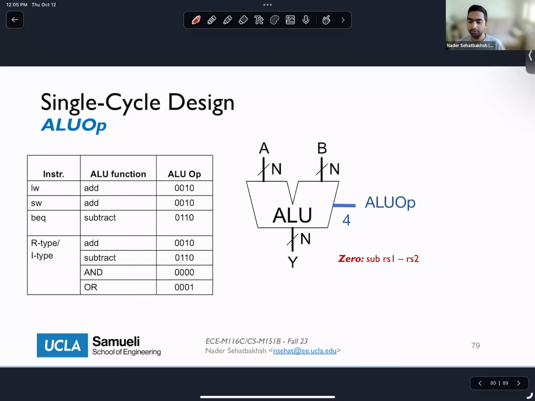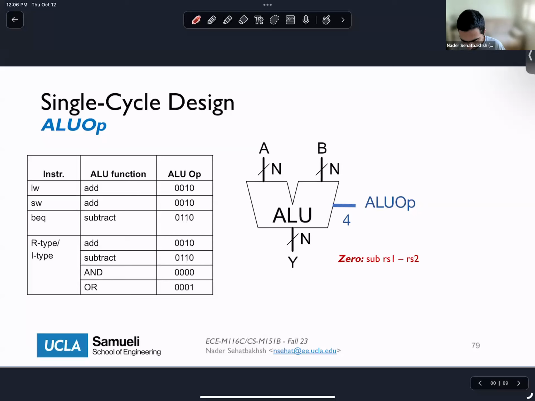The ALU op is a little bit different than other control signals. I'll explain what we are doing first, and then I'm going to explain why we are doing that. There is a rationale behind it.